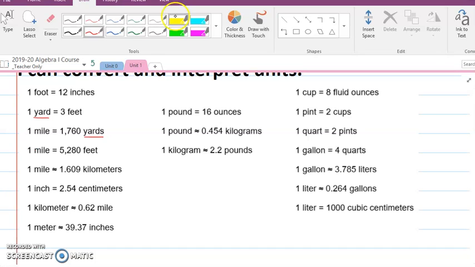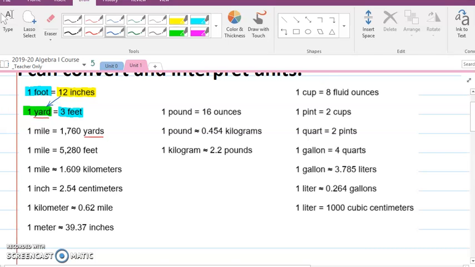However, I do have one that connects inches to feet and one that connects feet to yards. So by utilizing 2 of these conversion factors together, I can ultimately convert from inches to yards.